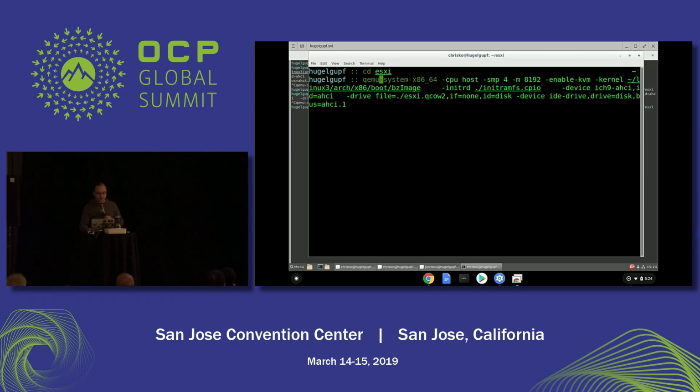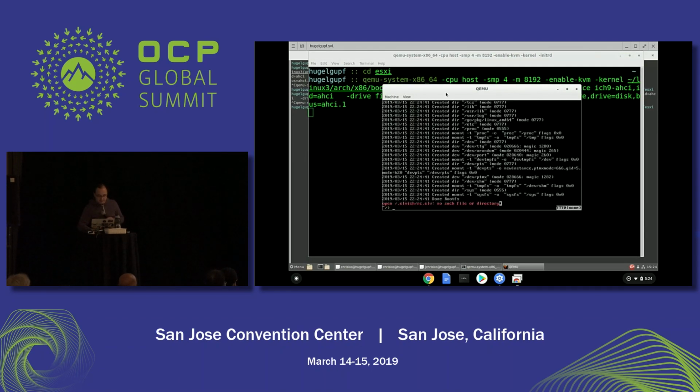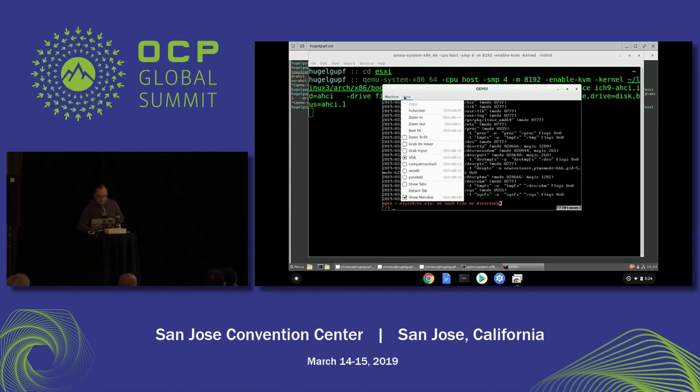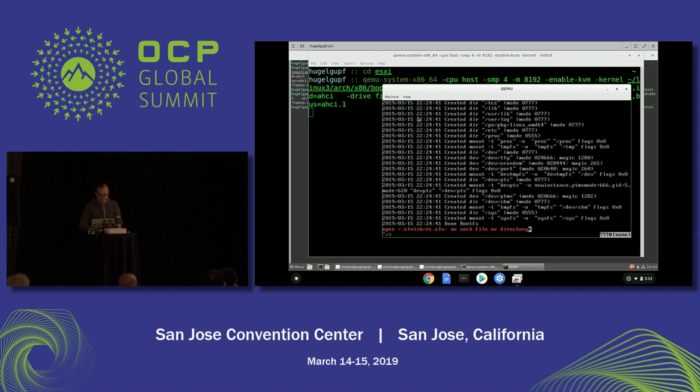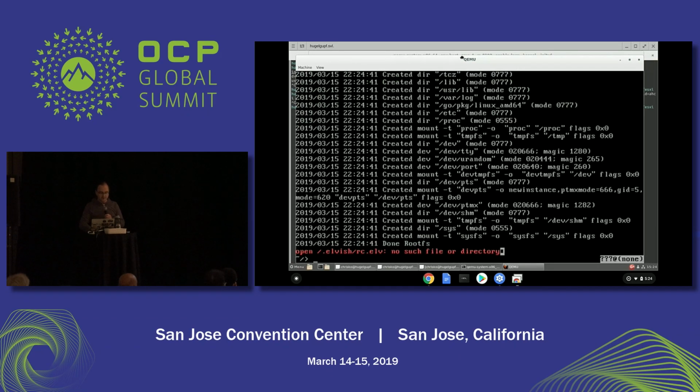I pre-installed it on a disk image that I'm plugging in there already. The Linux kernel that I'm putting in there is 1.8 megs. That should fit in most firmware volumes. The NetRamFS can be as small, but because it's QEMU, I just put everything in there. All right.